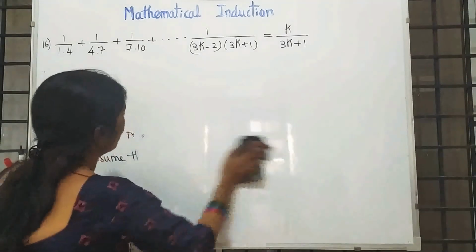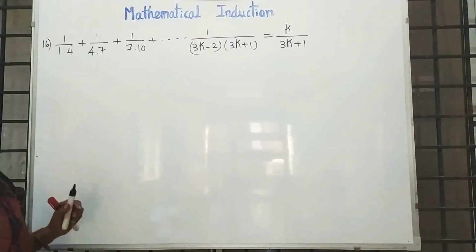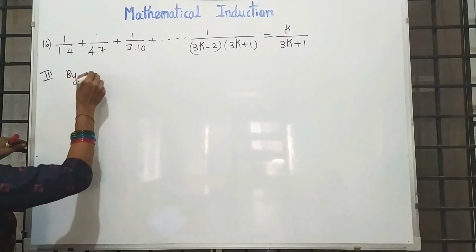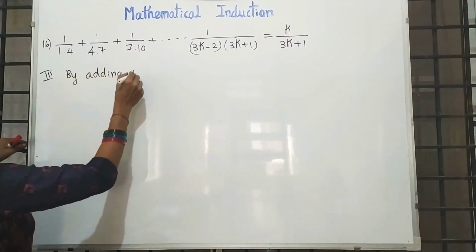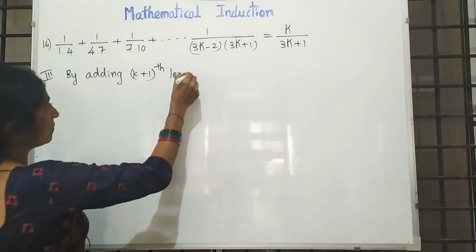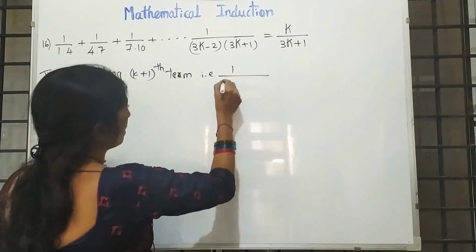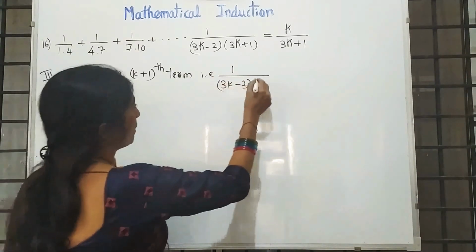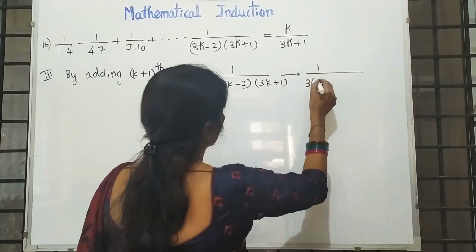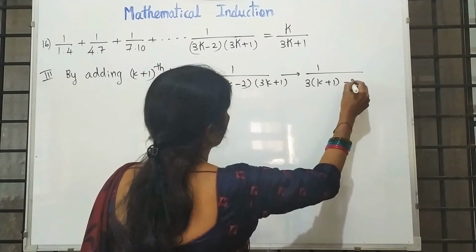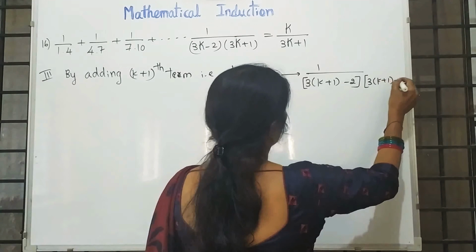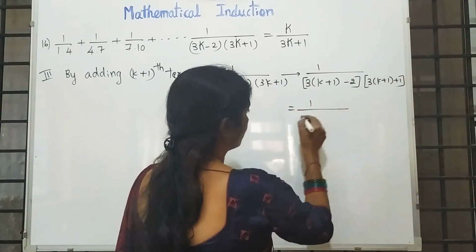Third step, we have to add the (k+1)th term. Write down the last term of the left side, replace k by k+1, and simplify that.